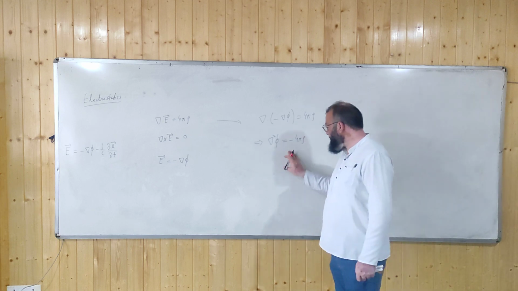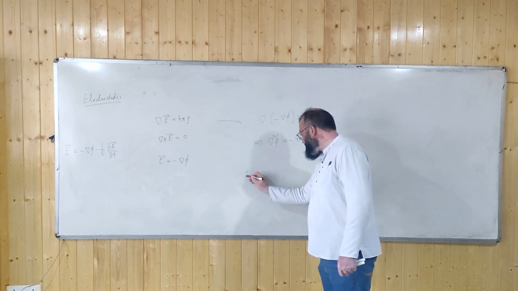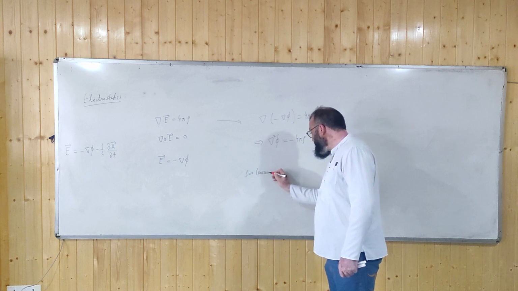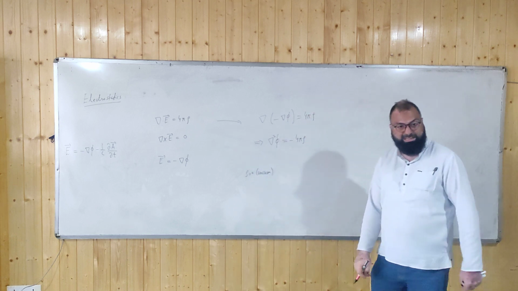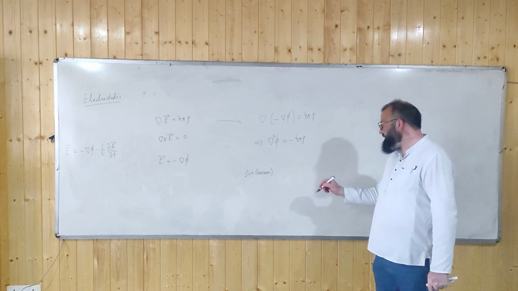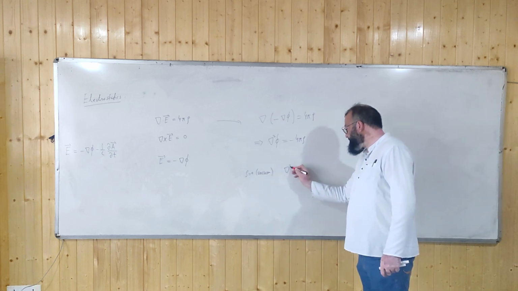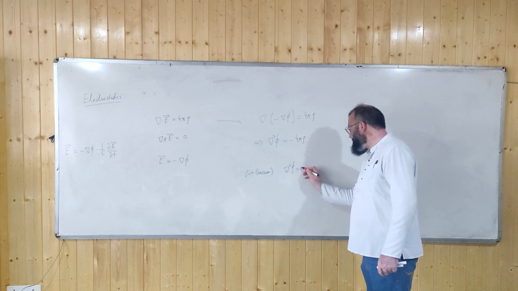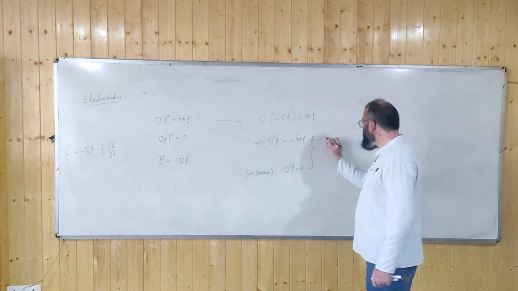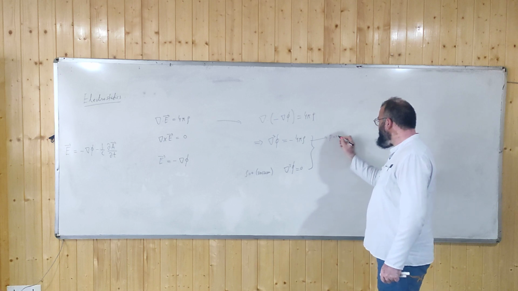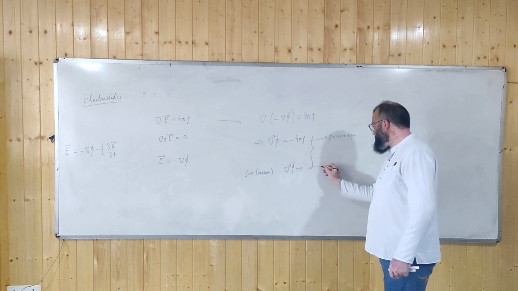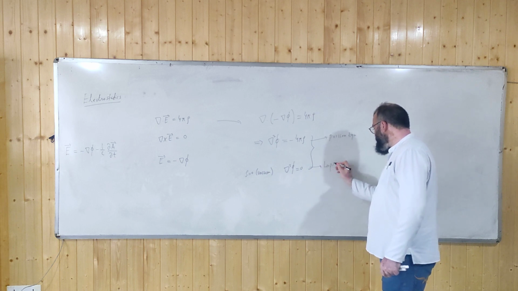Now if I have vacuum, let's take rho equal to 0, so that means you are in free space where there are no sources, no charges. This equation reduces to nabla squared phi is equal to 0. This equation is known as the Poisson equation, and this is known as the Laplace equation.